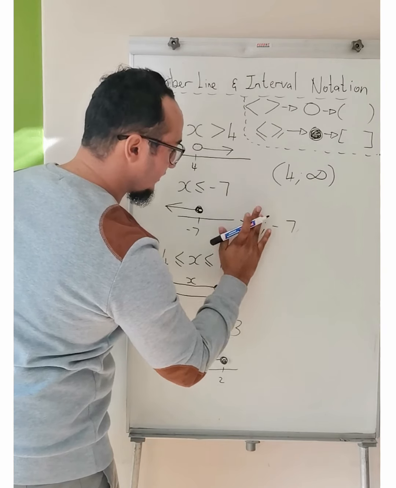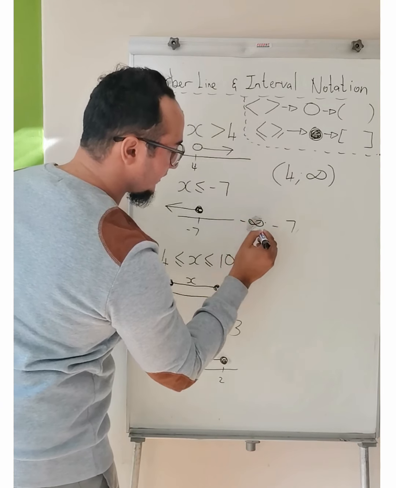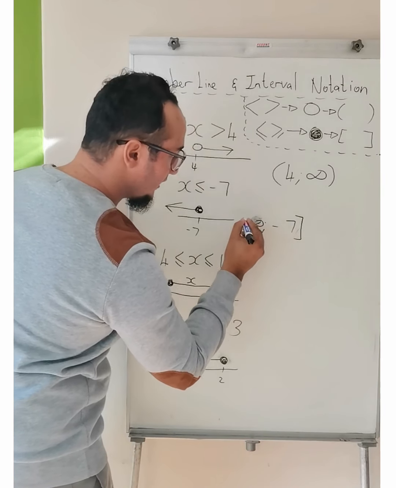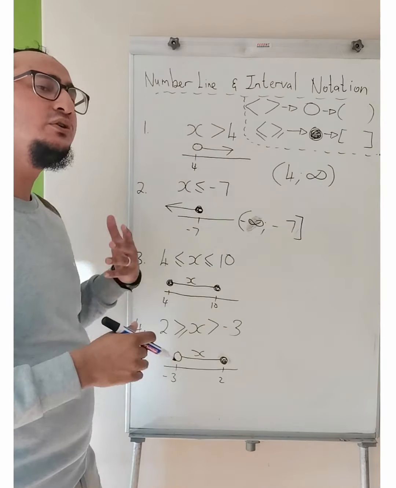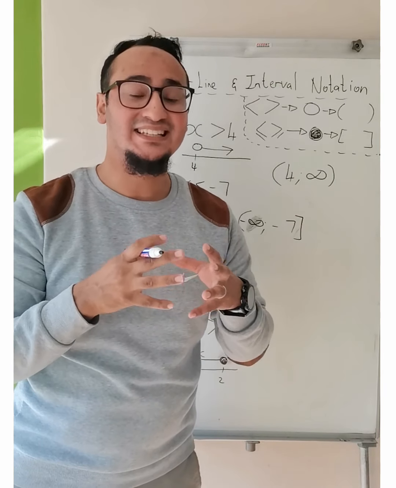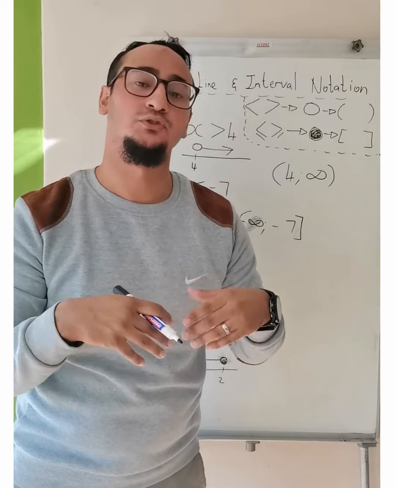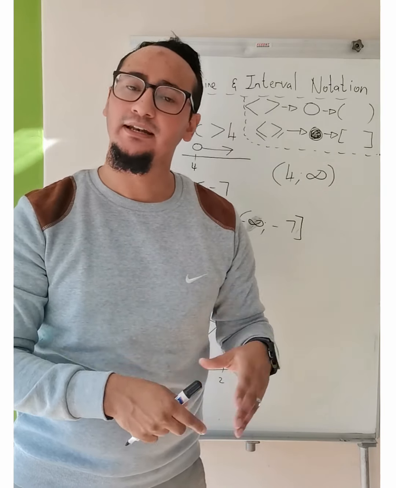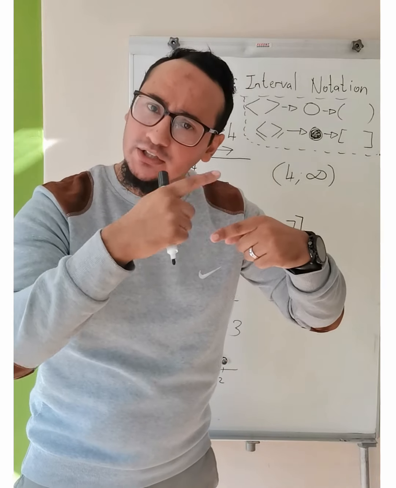Oh, sorry, that looks a bit like an 8. Round bracket or square bracket? Square for the -7, and this one will be round. Why are infinities always round, and negative infinity always round? Because there is no stop to infinity and your number never gets smaller than negative infinity. In other words, it's continuous.